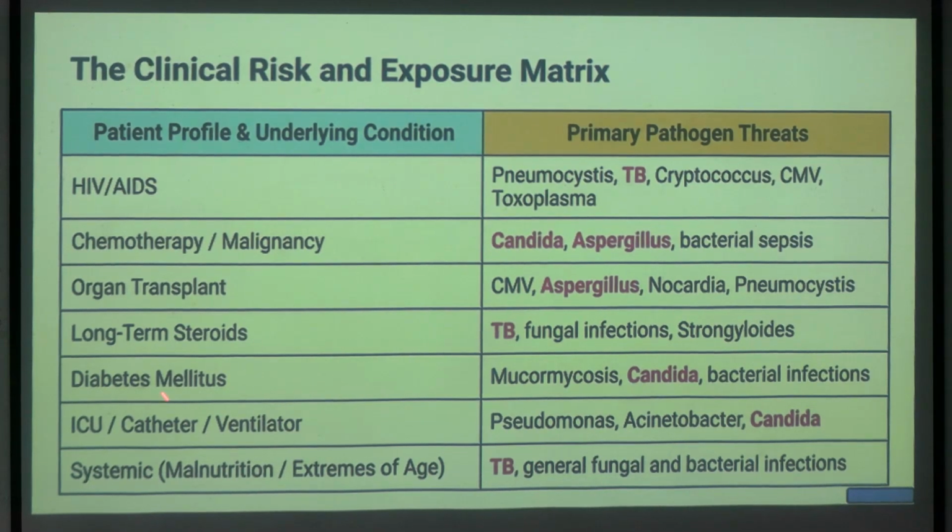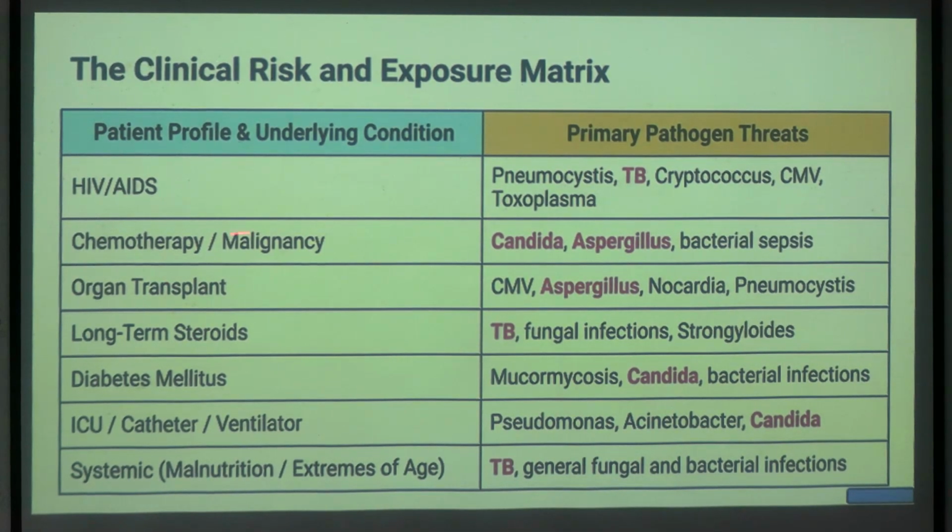So HIV is a must question and you have to know these four sets of questions very well. Then chemotherapy, malignancy: Candida, Aspergillus, bacterial sepsis; any organ transplant: CMV, Aspergillus, Nocardia; long-term steroids: TB, fungal infections; diabetes is also an immunocompromised state: mucormycosis, Candida. ICU catheter is a yes.